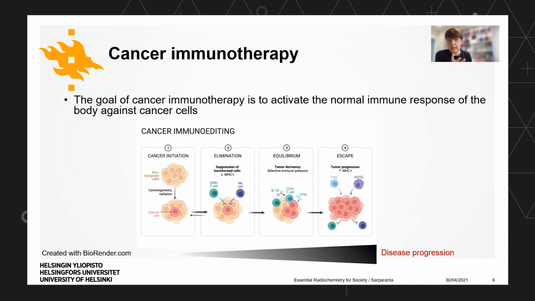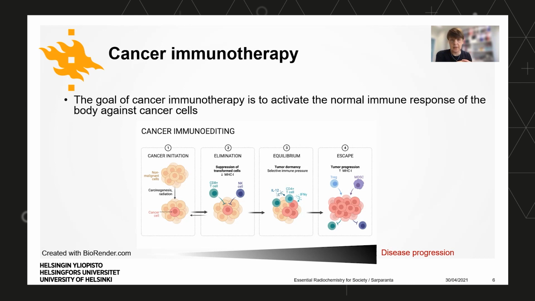But what happens is that cancer cells actually evade these mechanisms of immune surveillance from the body, and instead they promote the growth of other immune cell populations in the tumor, and resultantly the cytotoxic T cells and NK cells will leave the cancer to grow.